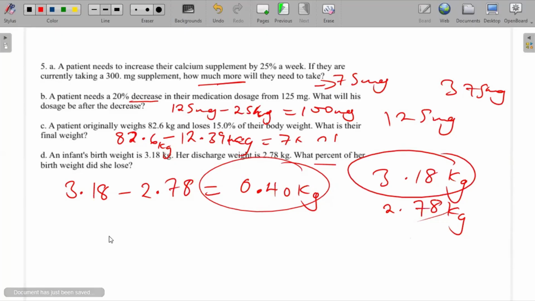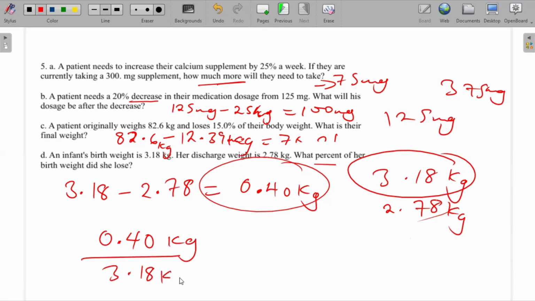So the weight lost is 0.40 kg out of the 3.18 kg, times 100. We're converting this to percentage, so we multiply by 100. The kg and the kg cancel, so we remain with percentage as the unit. So what are we getting as the final answer?